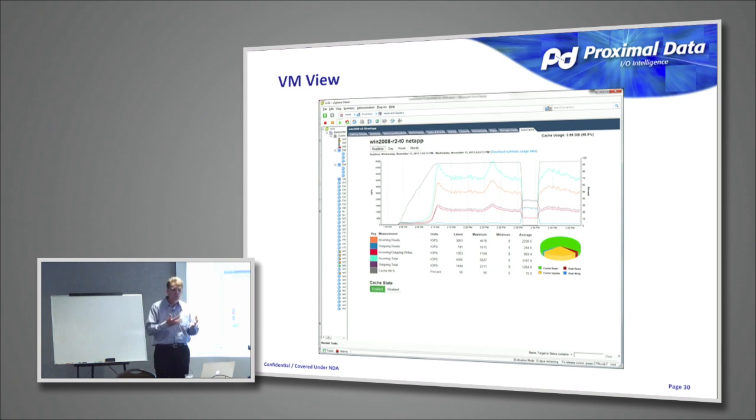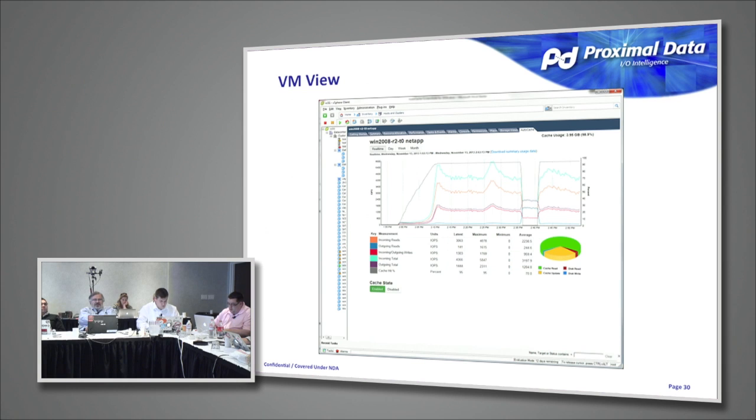So you can drill down and see what the different performances are for individual guests as well as the aggregate of the whole host. Okay, so I can say don't cache this guest or cache this guest, Correct. but I can't say cache this guest at lower priority than this other guest. We will get to that.